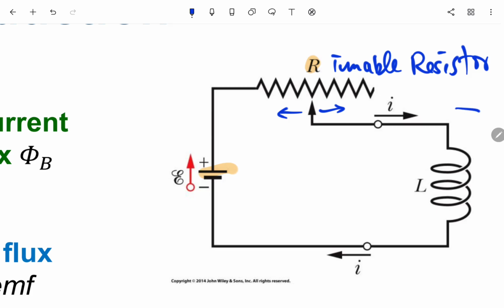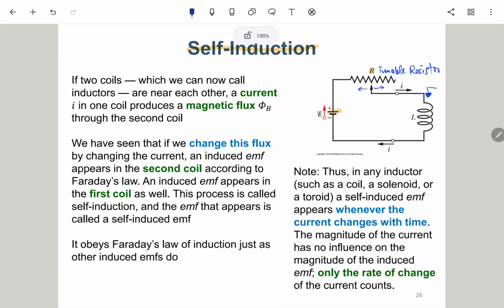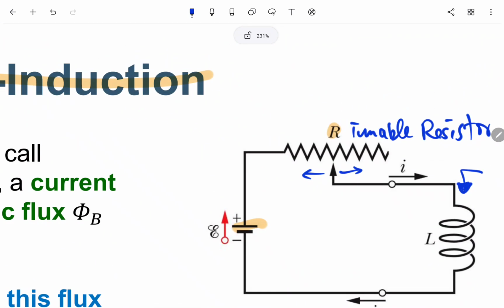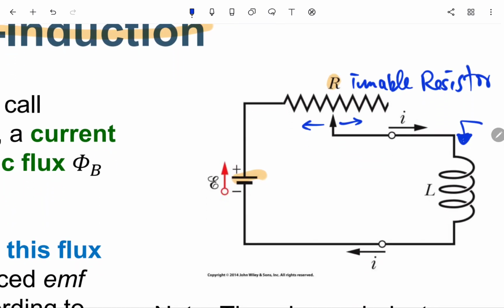And then of course we have our main role, the inductor, in series with the tunable resistor. So the idea here is we can actually control the current going through the inductor.